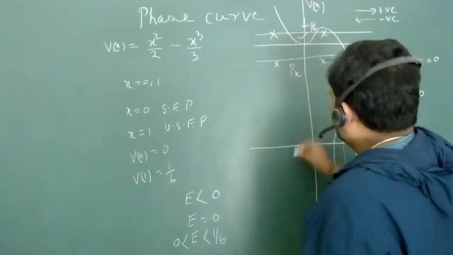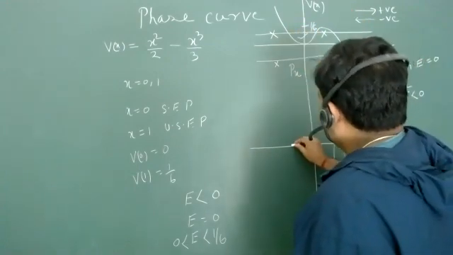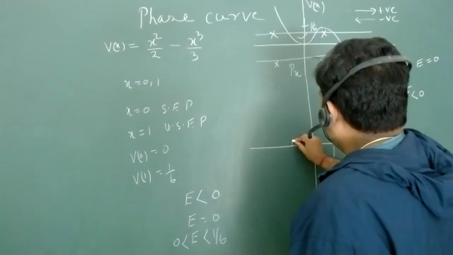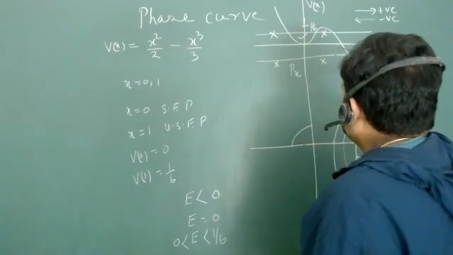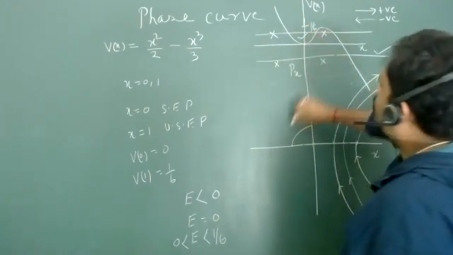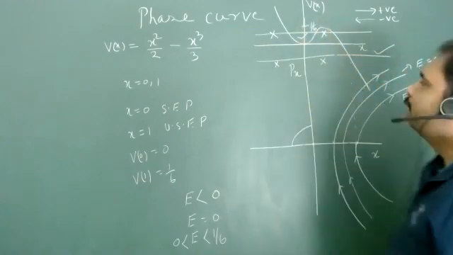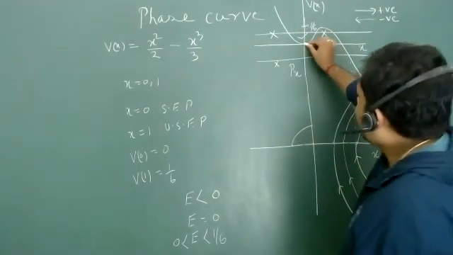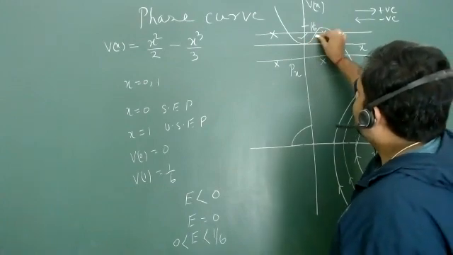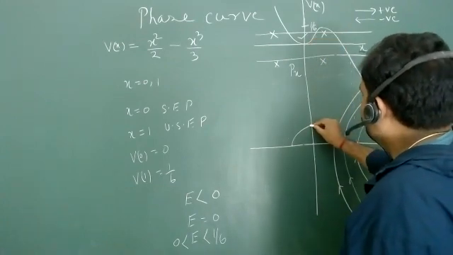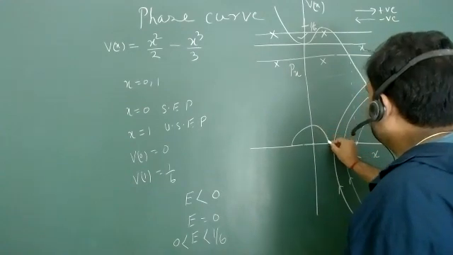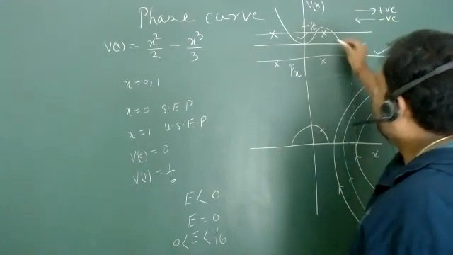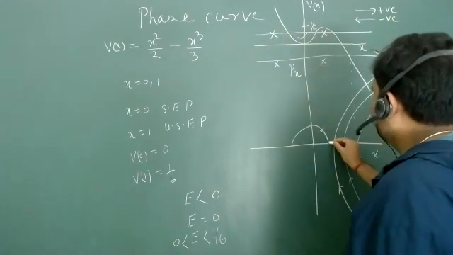So what will happen? You will start from here. Here is 0 momentum. You will start and reach some maximum point at x equal to 0, because potential is minimum at that particular point. After that, your potential energy is again going to increase. So this will be something like this, isn't it? And after that, it will again go in this direction.